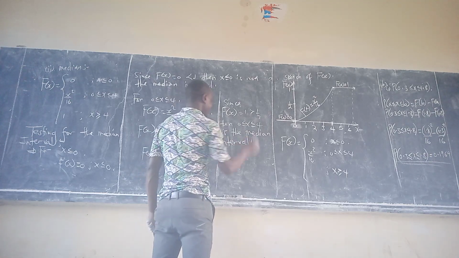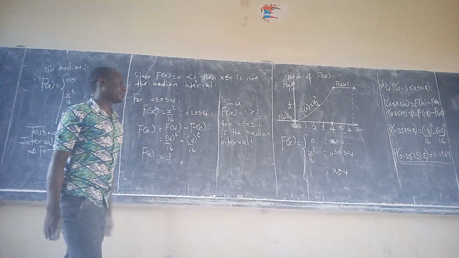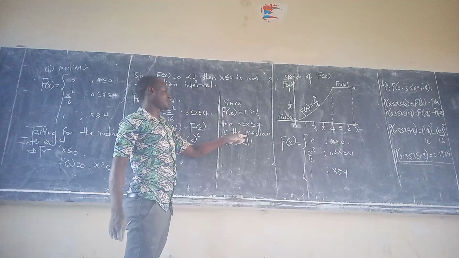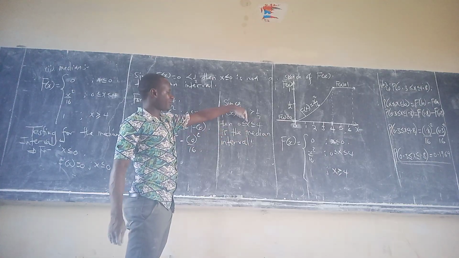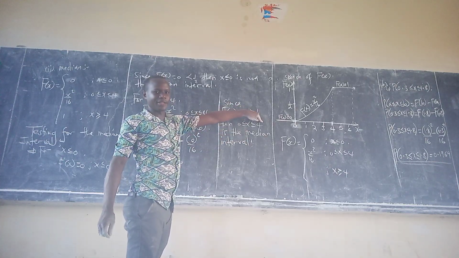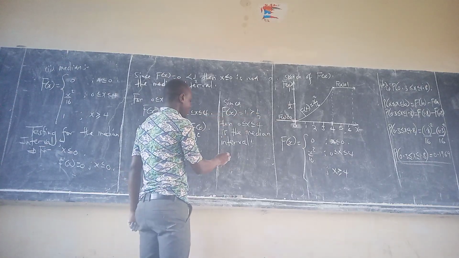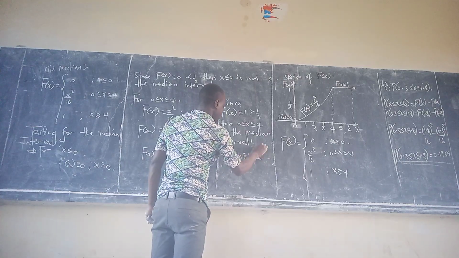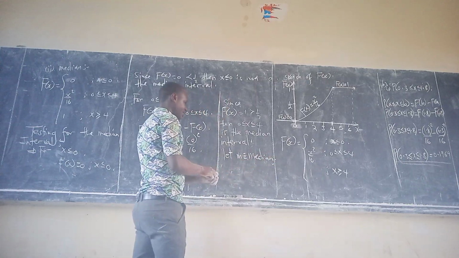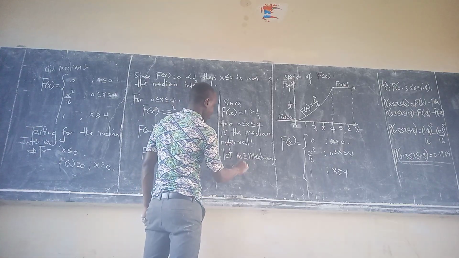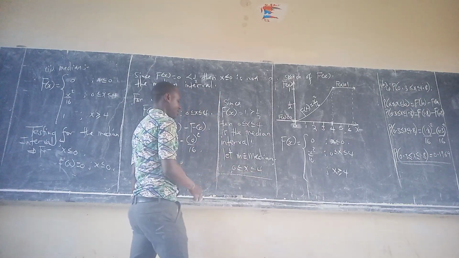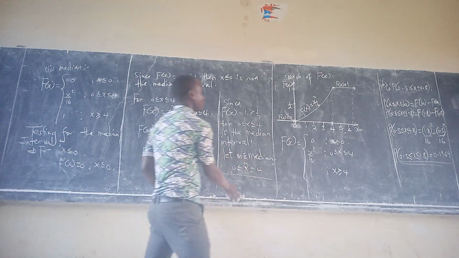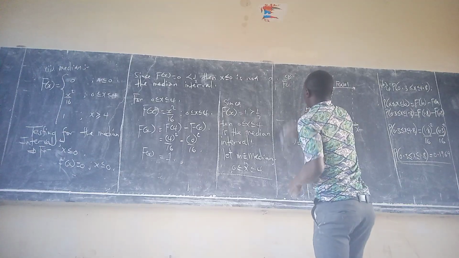Now, after getting the median interval, the next step is, since this is the median interval, the median is somewhere in the middle of 0 and 4. So if we let m be the median, then the median lies somewhere between 0 and 4.